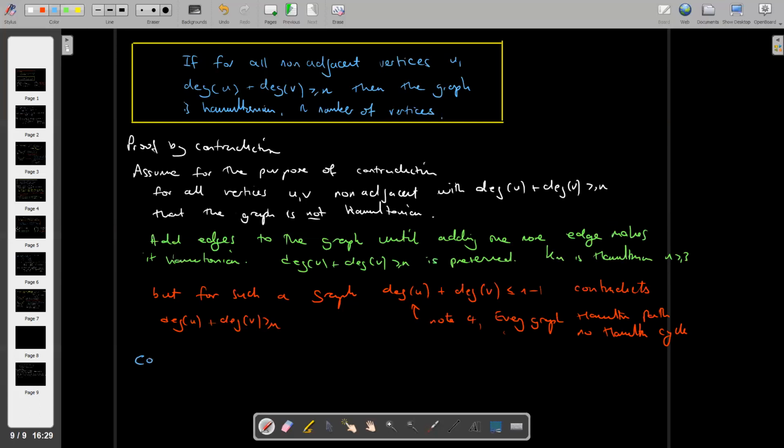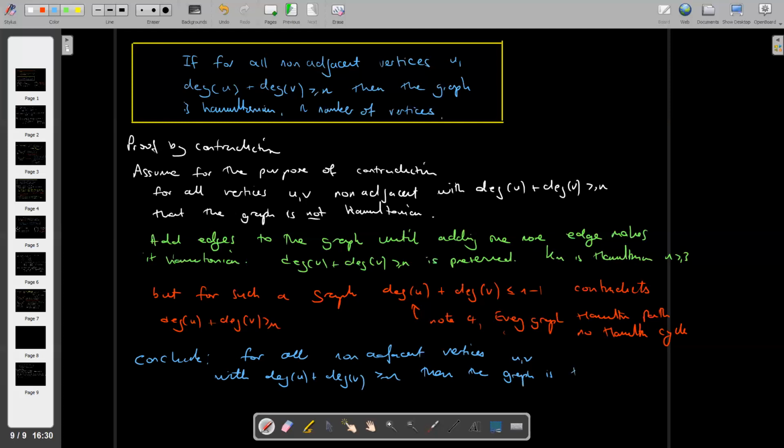Our conclusion is: for all non-adjacent vertices u and v with degree of u plus degree of v greater than or equal to n, the graph is Hamiltonian.